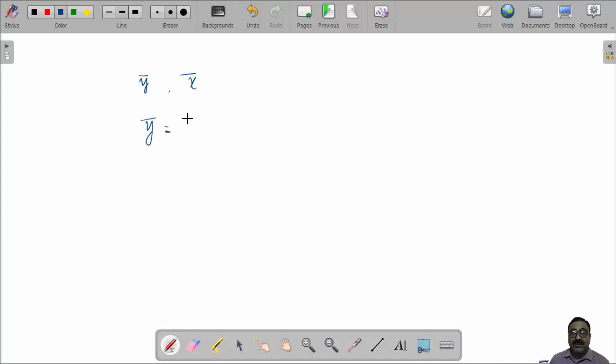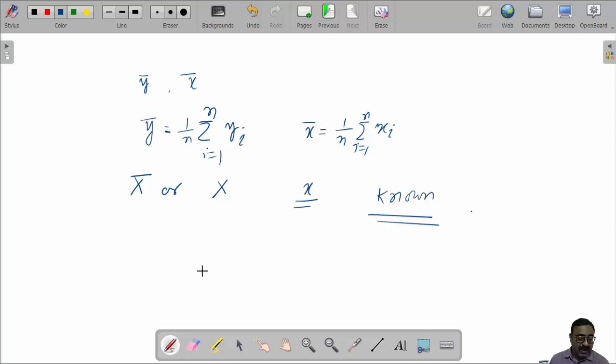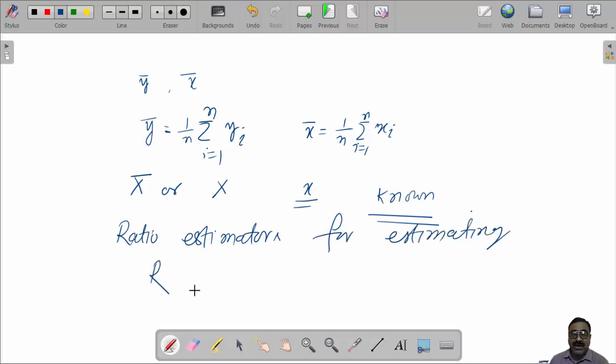So y bar is equal to 1 by n summation i equal to 1 to n yi, and x bar is equal to 1 by n summation i equal to 1 to n xi. Now we assume that the population mean X bar, or the population total X of the auxiliary variable x, is known to us.